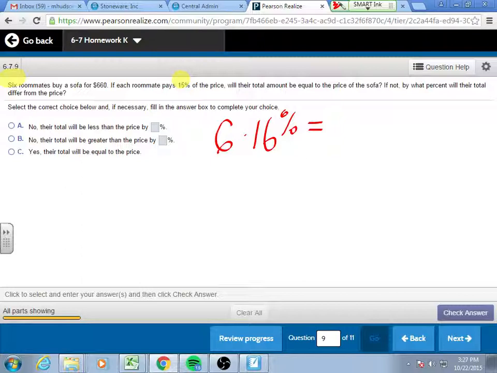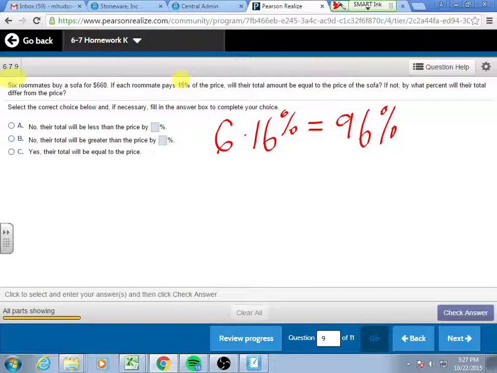I know 6 times 10 is 60. 6 times 6 is 36. So we get 96%. Now wait, can you only pay 96% of a sofa? No, they're not going to give you your sofa. They won't chop off the rest of it and give you 96% of it. You've got to pay for all of it.